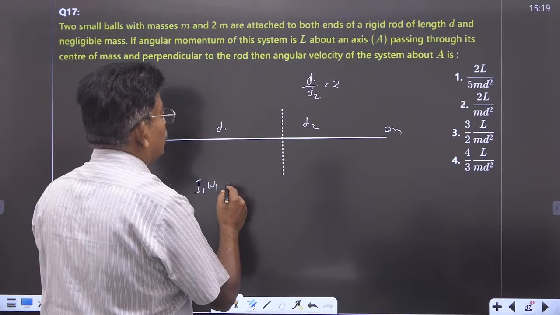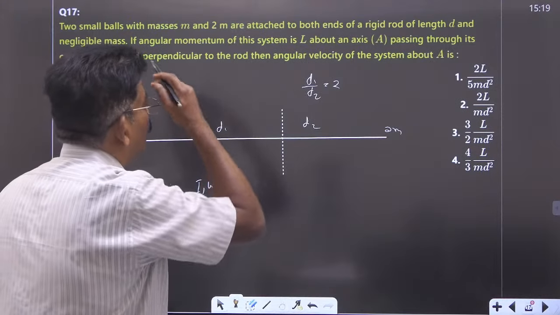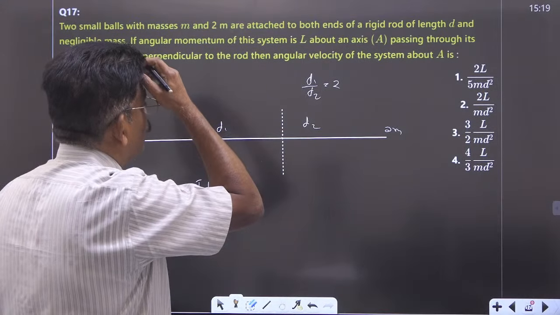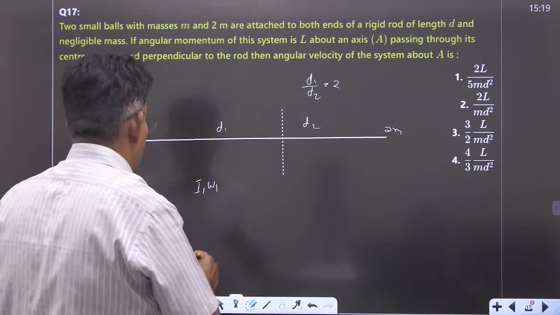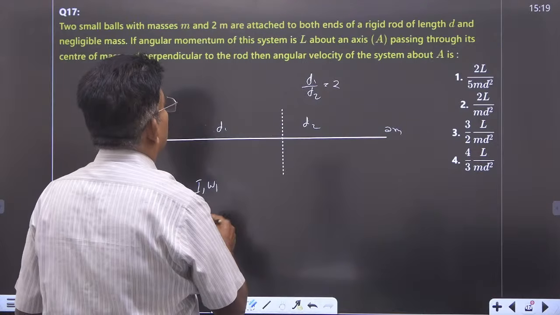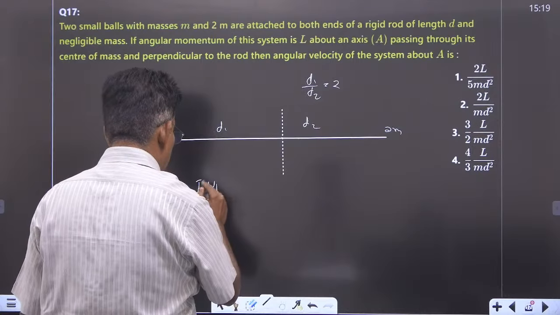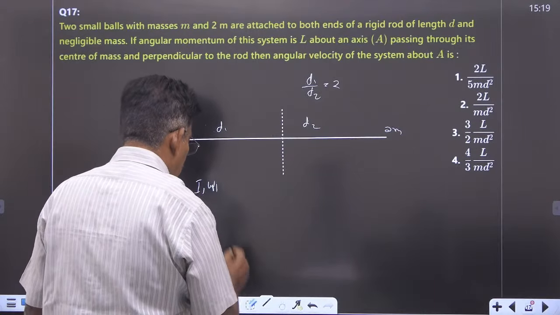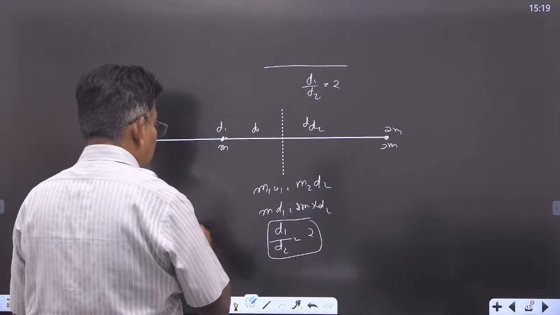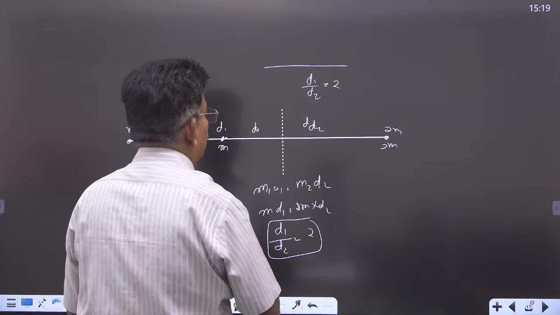We have to calculate the angular velocity of the system about A. They are rotating with the same angular velocity because they turn the same angles in the same time.